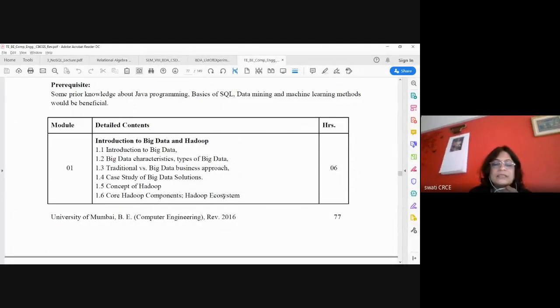The ecosystem contains a diagram with some of the important ecosystem components as per the scope of the syllabus. You just have to draw the diagram of the ecosystem, showing the advanced components on top of the core components which help us in doing analytics. So there can be a question on the ecosystem, or HDFS or MapReduce in detail with the help of an example.